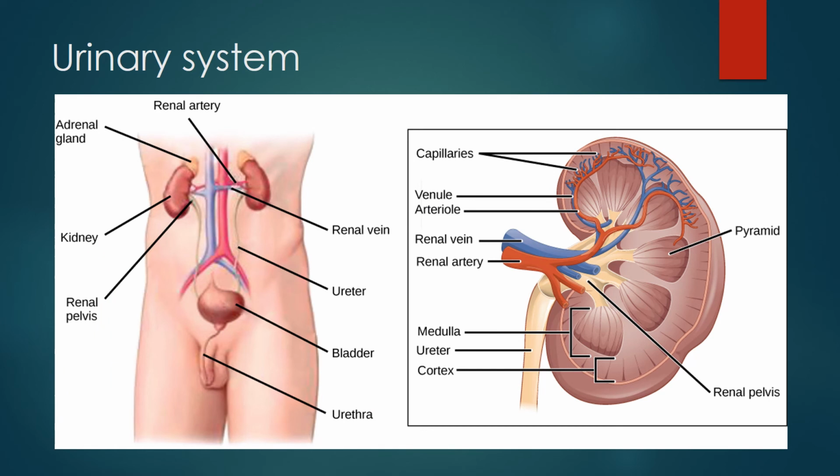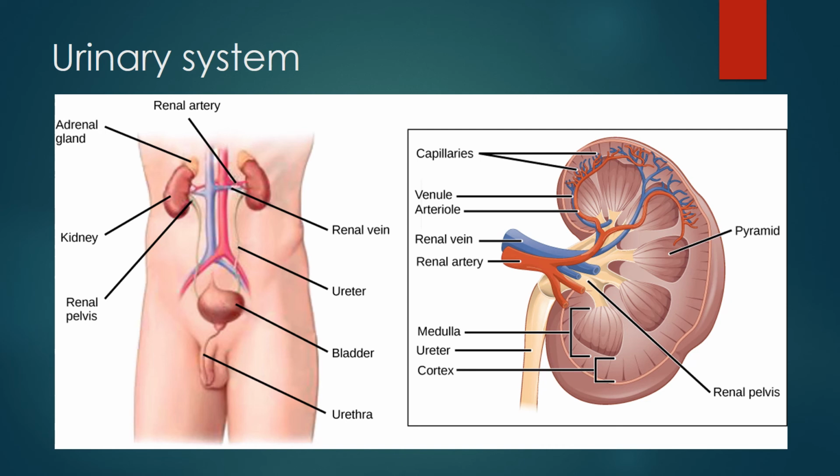The blood then collects in larger and larger vessels and leaves the kidney in the renal vein. The renal vein joins the inferior vena cava, the main vein that returns blood to the heart from the lower body. The amounts of water and ions reabsorbed into the circulatory system are carefully regulated, and this is an important way the body regulates its water content and ion levels.